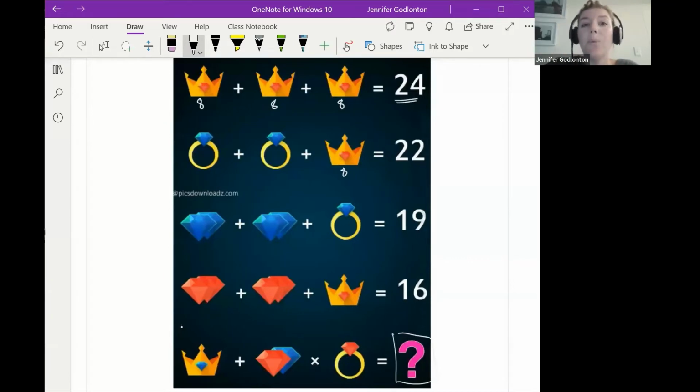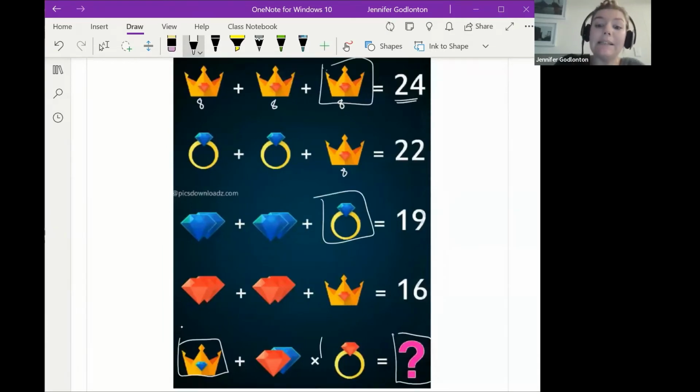But my warning to those of you who are trying to zoom through this is that this crown has got a blue ruby and this crown has got a red ruby. I'm just going to put that out there. And this ring has got a blue ruby and this ring has got a red ruby. So, you know, let's just see. But once you have a number, you can check your number in the chat and I'll tell you if you're right or wrong.